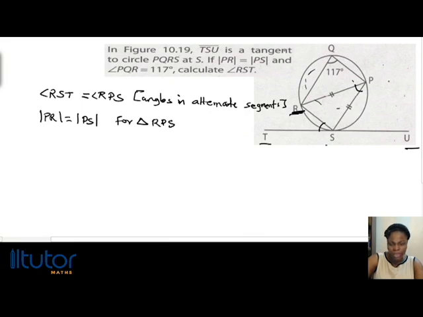Look at triangle RPS. This implies that triangle RPS is isosceles.